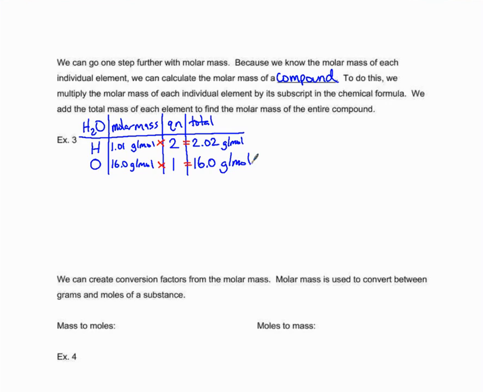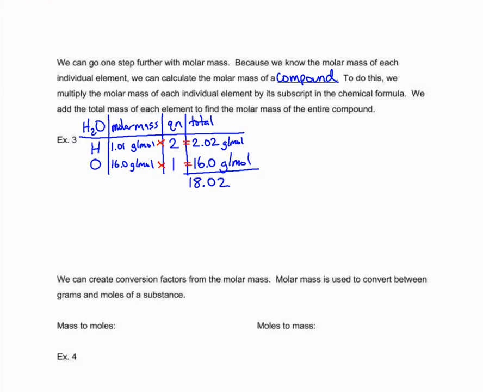The last thing we do is add the total mass of each element. So we're going to total these up. 2.02 plus 16.0, that is 18.02. But remember our rules for significant figures.